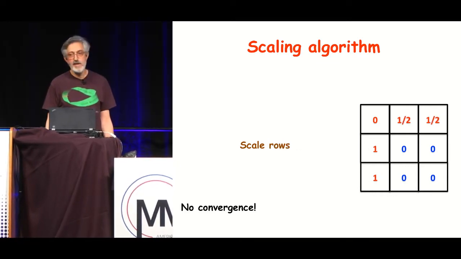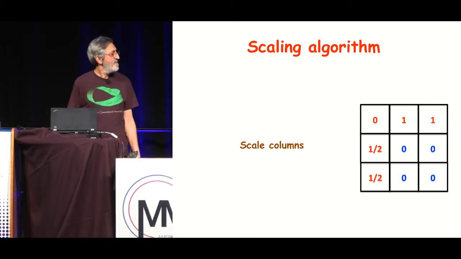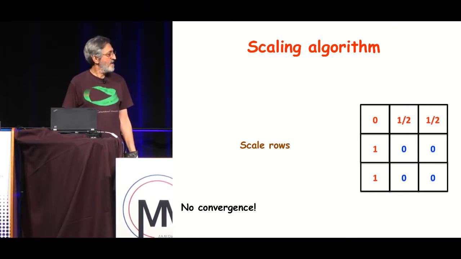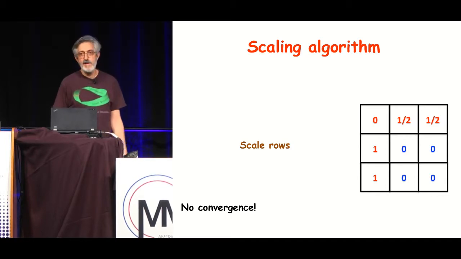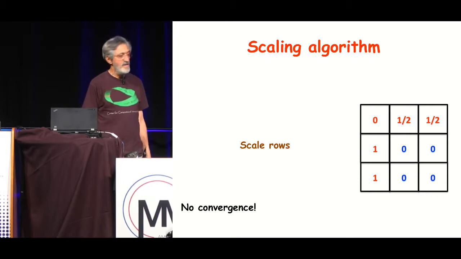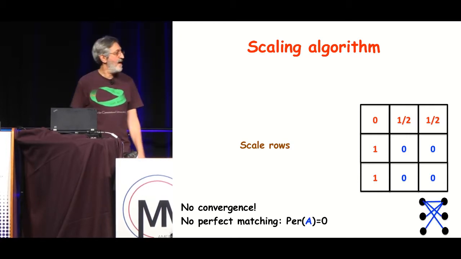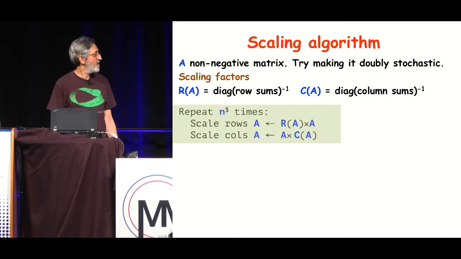We can continue doing it, and you see that somehow this is what it will converge to. So it will alternate. So there will be no convergence. And actually, it's not so surprising that it doesn't, given that it's supposedly equivalent to the existence of a perfect matching. This graph does not have a perfect matching. So this algorithm doesn't converge.